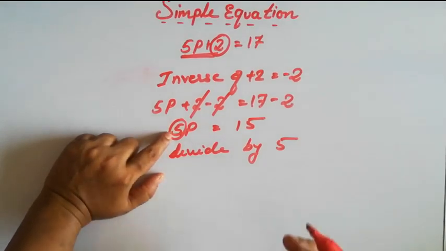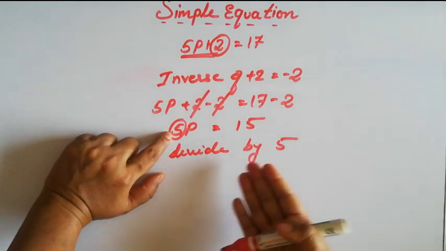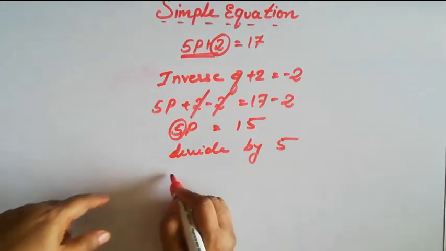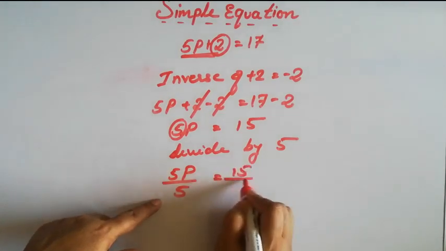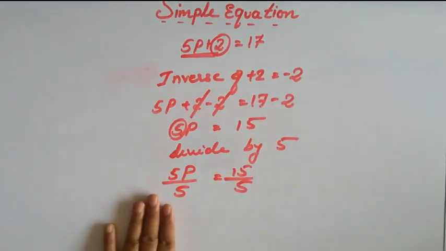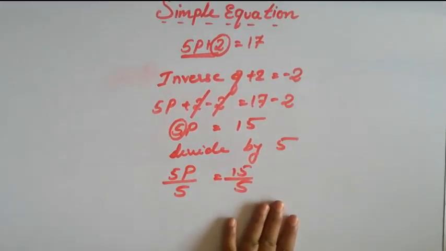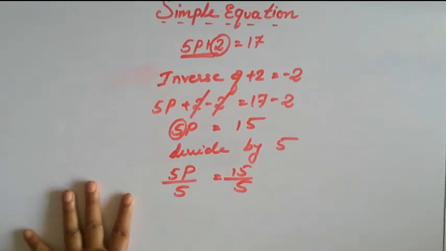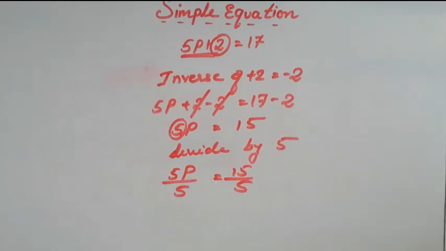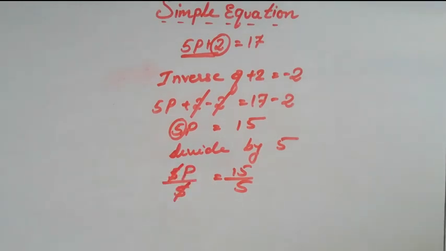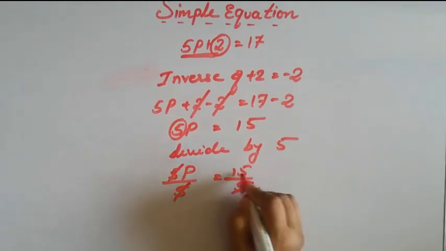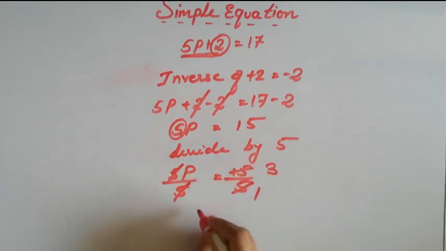So 5p divided by 5, and here 15 divided by 5. When we are dividing on the left hand side, we have to divide on the right hand side also. If you are multiplying something on the right hand side, you have to multiply on the left hand side also. Now the 5 and 5 cancel. So p equal to 3.